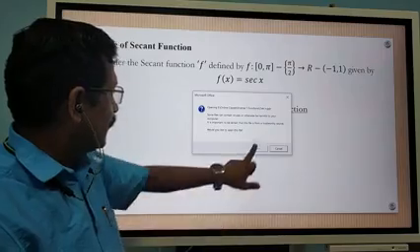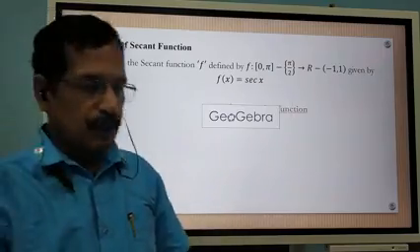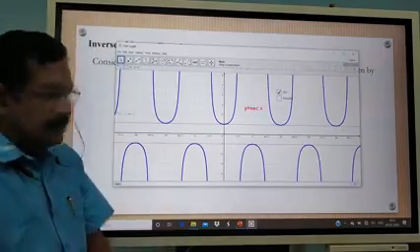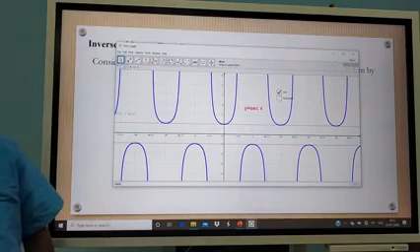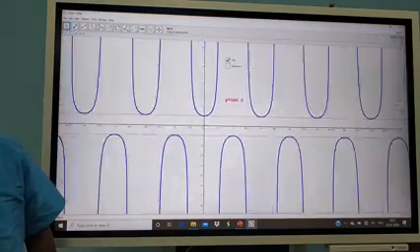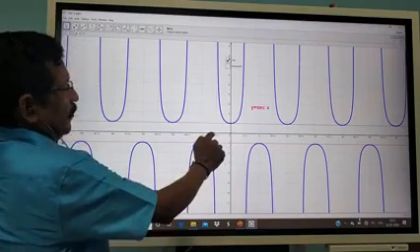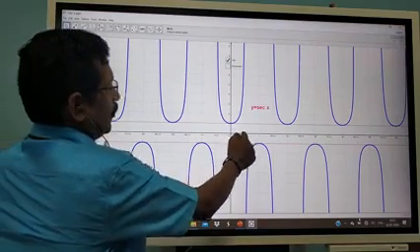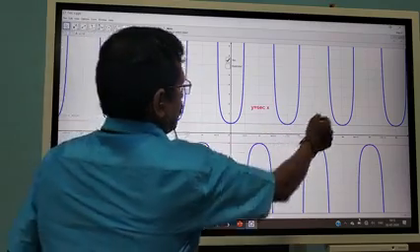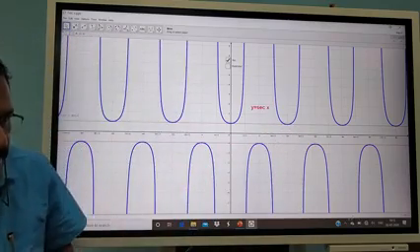This is the graph of the secant function. It is just like a U-shaped graph. Here minus pi by 2, pi by 2, pi, 3 pi by 2, etc. You can zoom it.